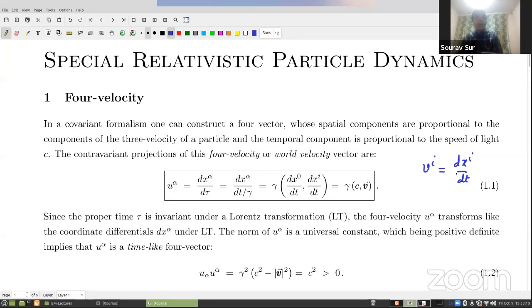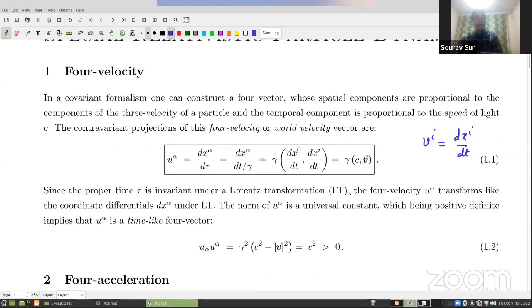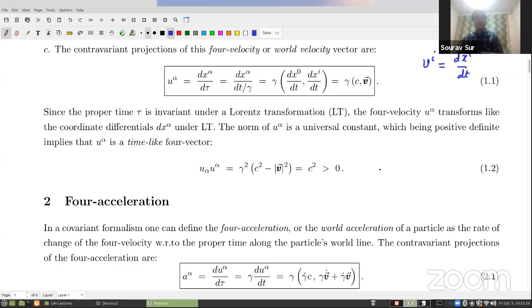And this is a time-like 4 vector because of its norm. You can work out the norm like this: u^alpha u_alpha, which is eta_alpha beta u^alpha u^beta. So this will be eta_00 u^0 u^0 plus eta_ij u^i u^j.